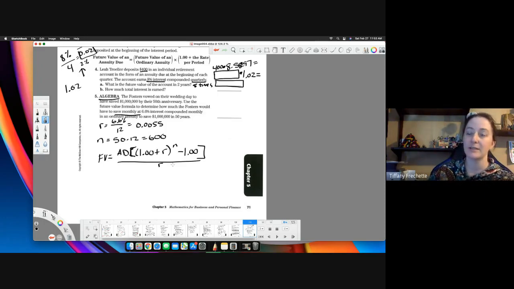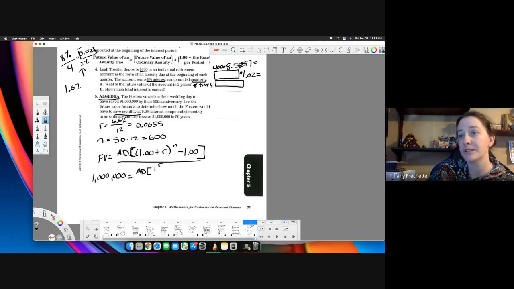So this is the more complex looking formula we have here. Our future value, we want $1 million. That's what they want to have. And we don't know what they need to put in. That's what we're trying to figure out: what do they need to save each month in order to accomplish this amount?